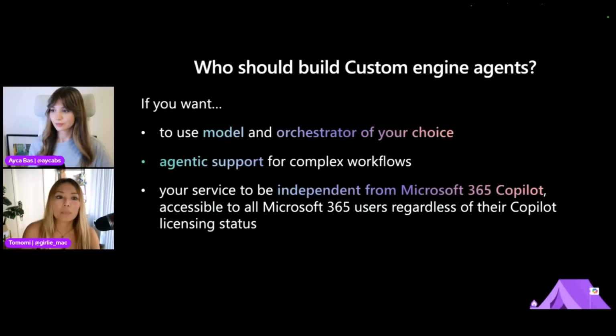Like anything complex, maybe this is a better choice. And when you want your service to be independent from Microsoft 365 Copilot, when you want to cater your service to basically everybody out there, that might be a great choice.